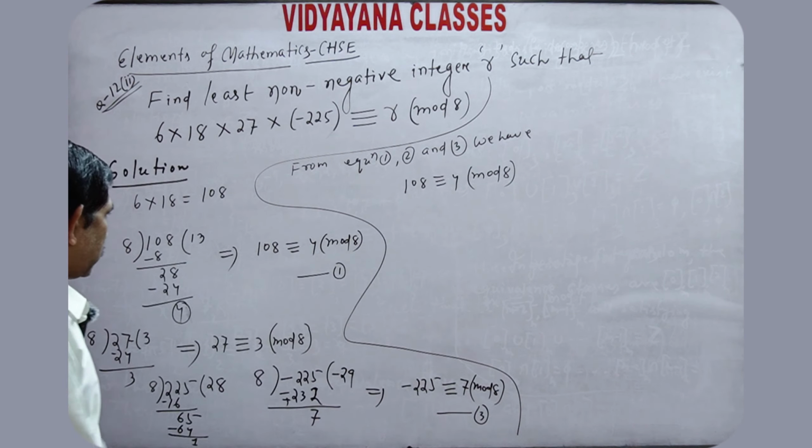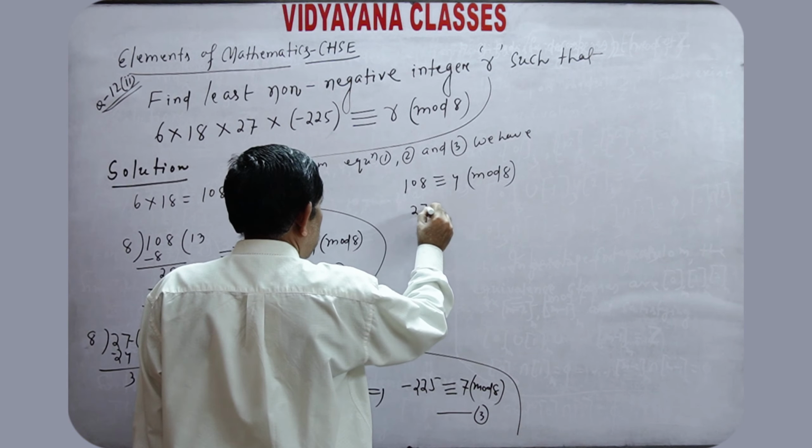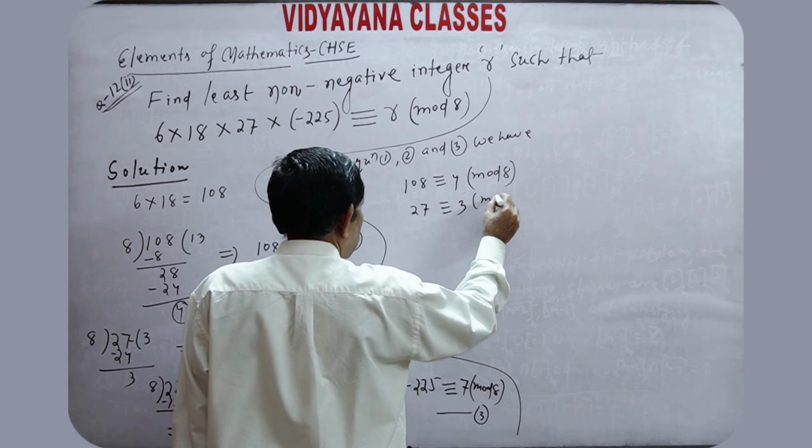Equation 2 gives 27 congruent to 3 mod 8.